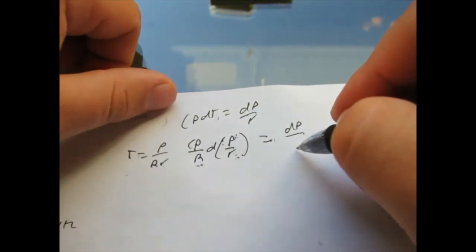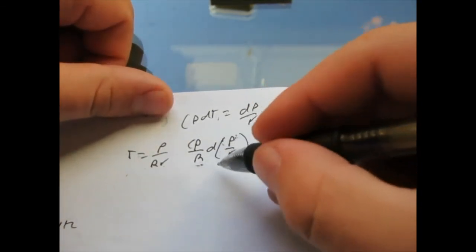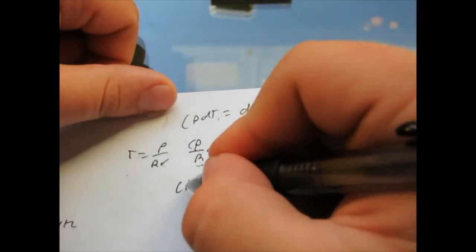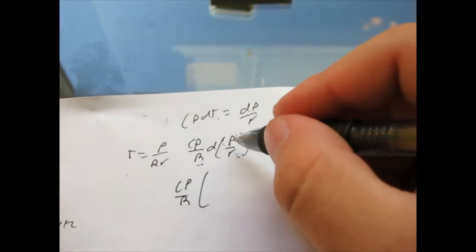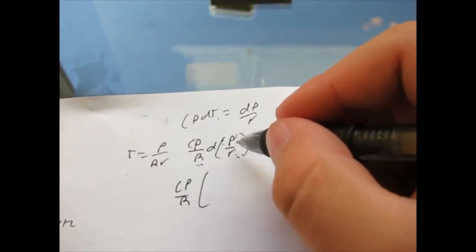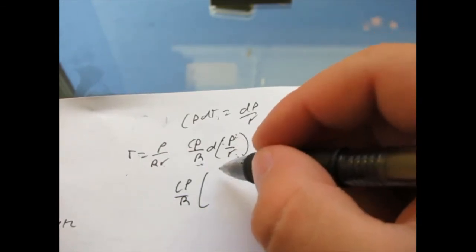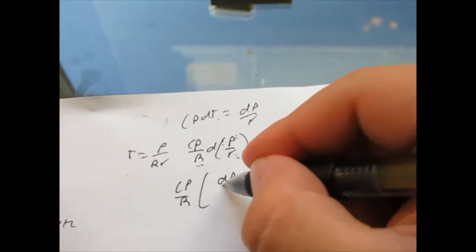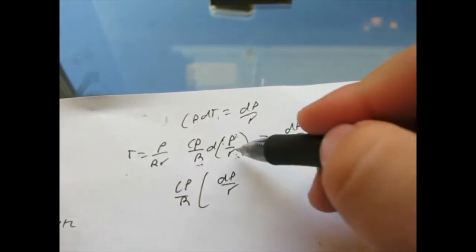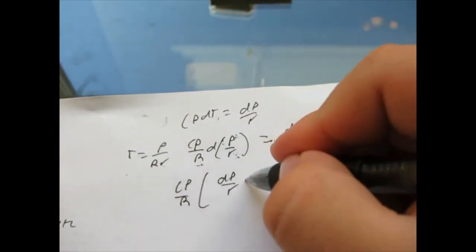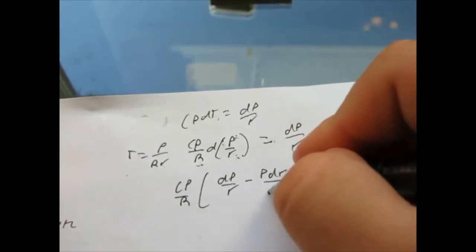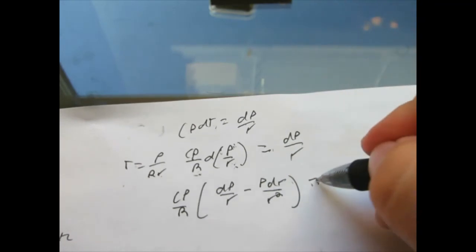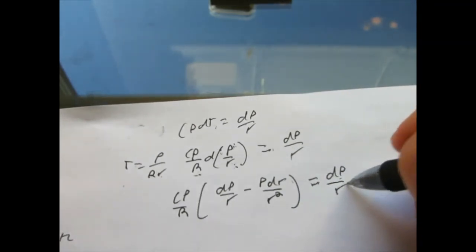Alright, now we're going to differentiate both sides. P over rho. So the derivative of P over rho with respect to P is dP over rho, and then the derivative of this with respect to rho is P d rho divided by rho squared, and then we just have dP over rho.